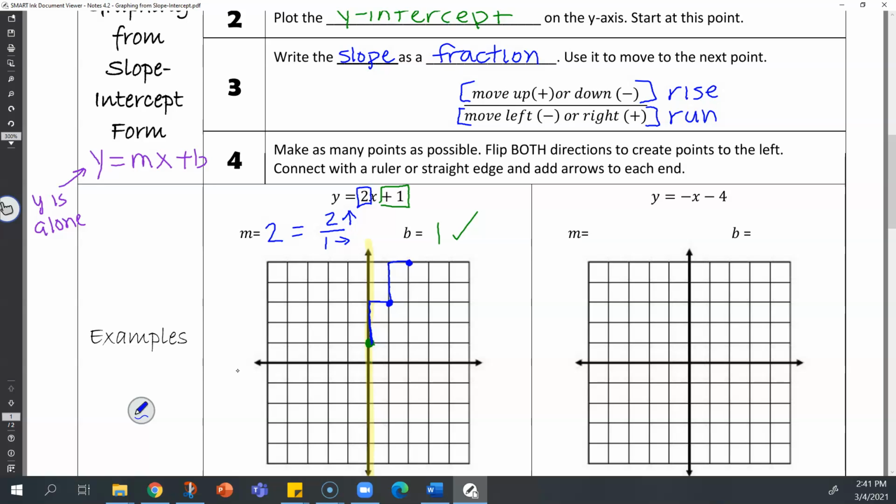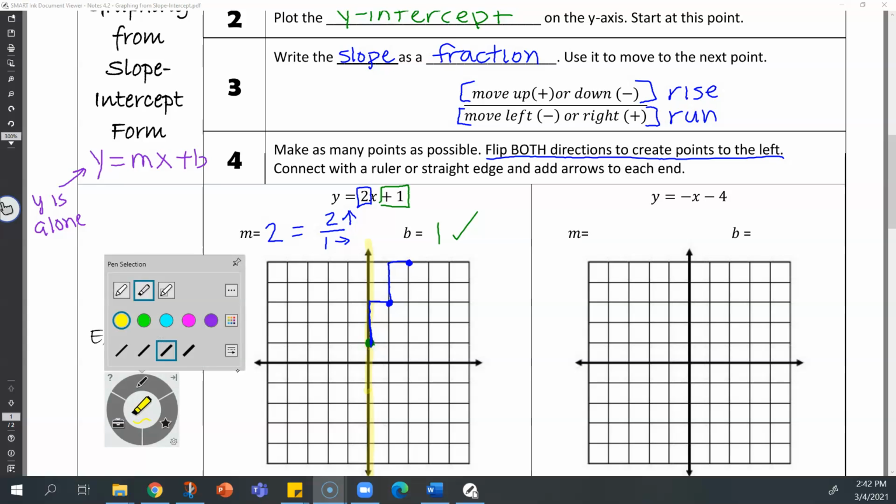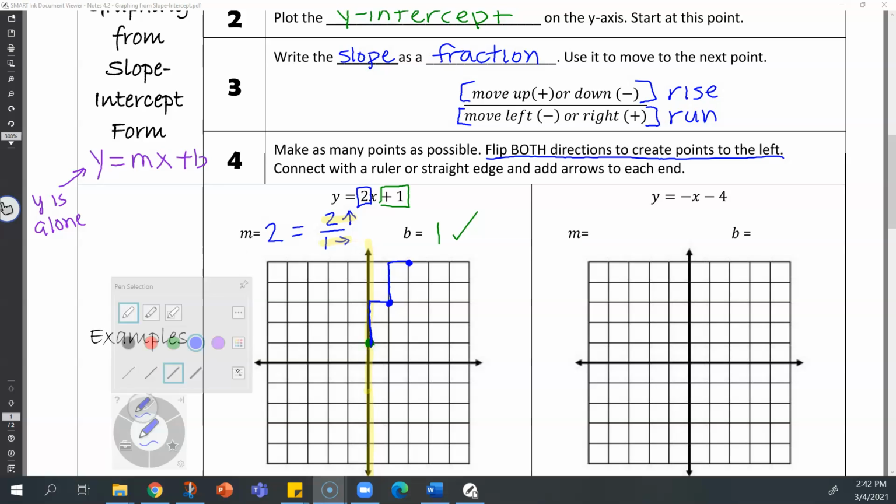But I want to make sure to make as many points as possible so that my graph is as accurate as it can be. So before, I was going 2 up and 1 to the right. In order to make more points, I'm going to switch both of those directions. So instead of 2 up and 1 to the right, I'm going to go 2 down and 1 to the left, and I'm going to put my point there.